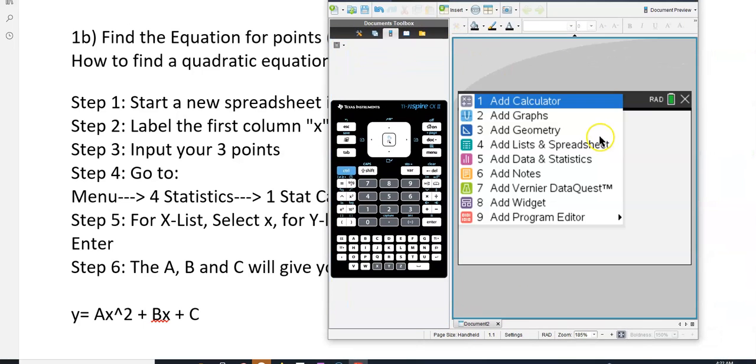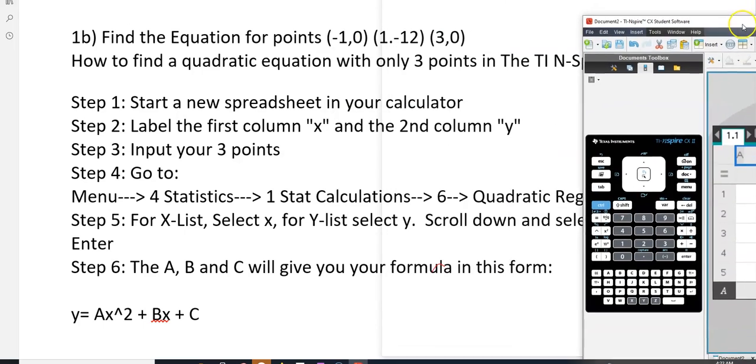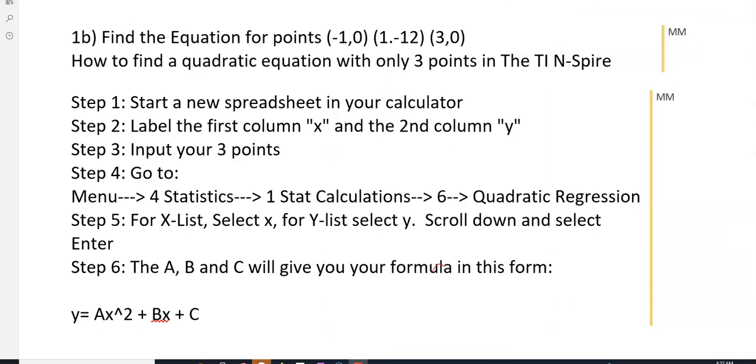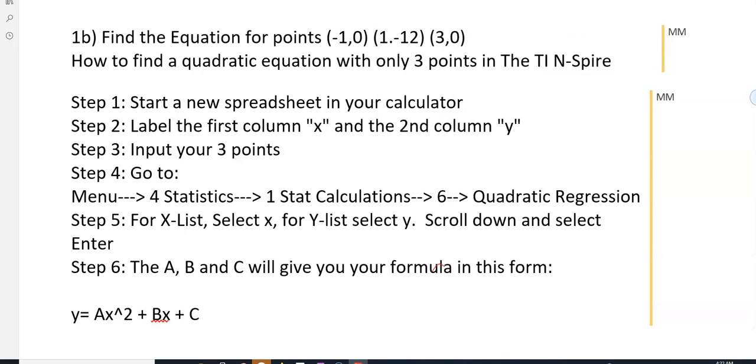So I'm just going to make a new document and add lists and spreadsheet. And then it says label the first column X and the second column Y. So I'm going to label this first column X and the second column Y, like that. And then it says input your 3 points.